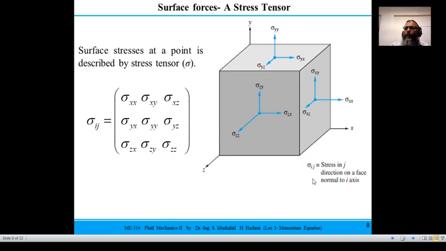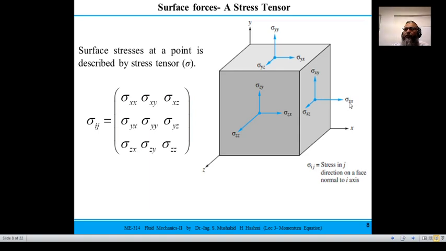If you see here the subscript associated with the stress tensor, the first subscript is defining the direction, and this to the right, I call it I and J. So here stress is in the direction of J, and where this stress is acting, this is acting onto this surface, and this surface is represented by a normal on that surface, and the normal is in the direction of x.